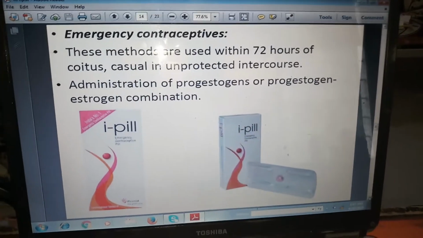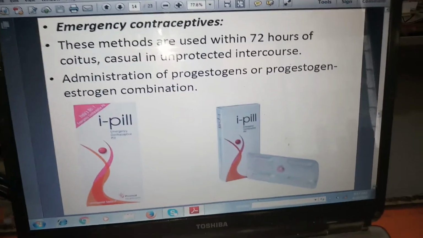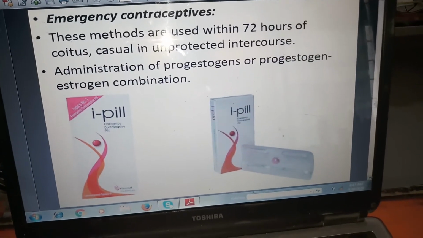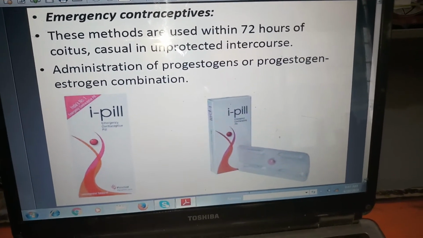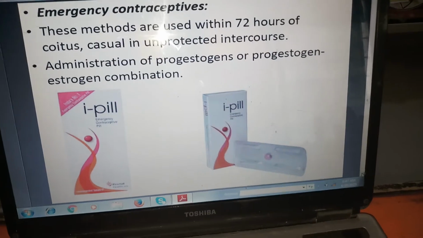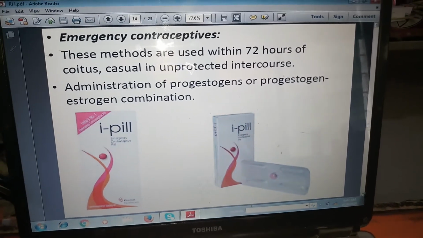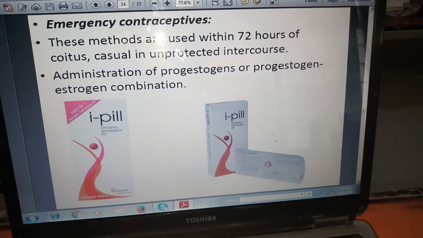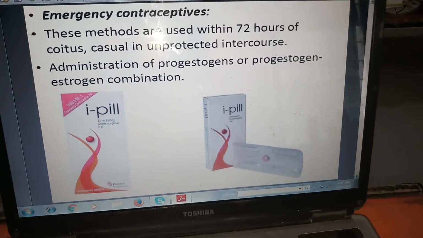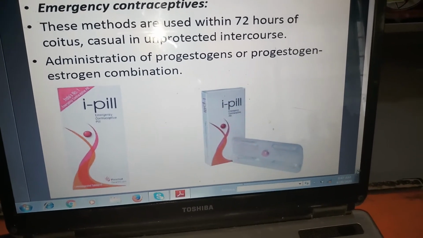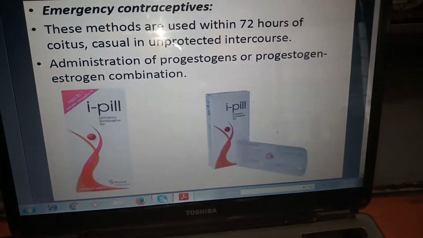Now emergency contraceptives. These methods are used within 72 hours of coitus in casual or unprotected intercourse. That is, a couple or someone having casual or unprotected sex.